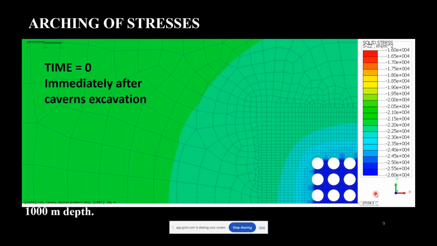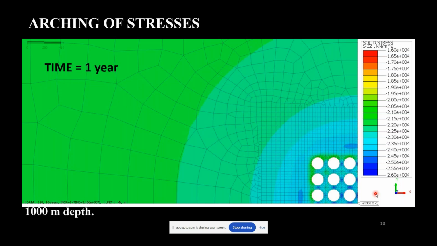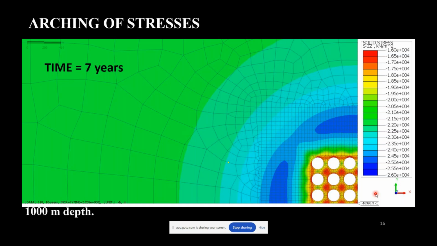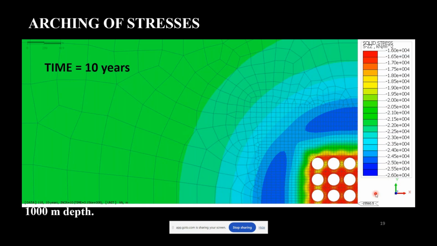Following this, we have the creep deformations. What we see along the years is that as time passes, the stresses in the mined area reduce, and the stresses in the unmined area increase.